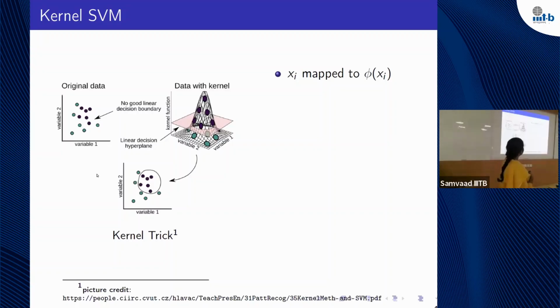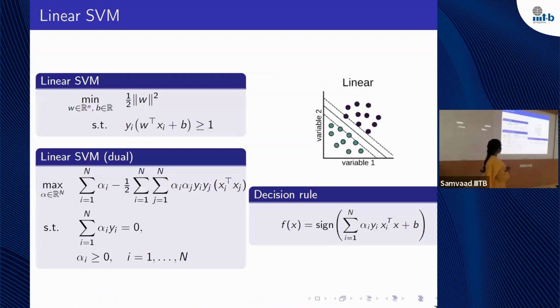Moving to this higher dimensional space is modeled in this fashion. That is, you map each xi to some phi of xi. So xi here belongs to, say, R2 and phi of xi belongs to R3. In general, you map to some higher dimensional vector. If you go back to this dual formulation, you see the terms xi transpose xj here, as well as in the decision rule, you have xi transpose x.